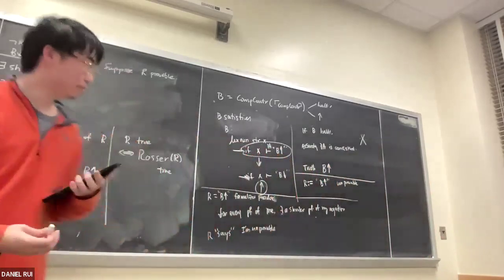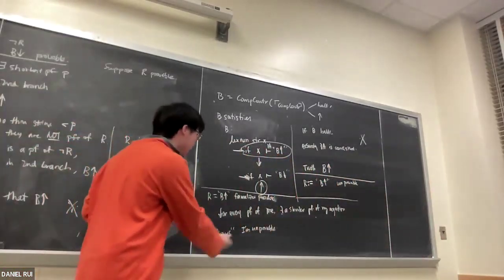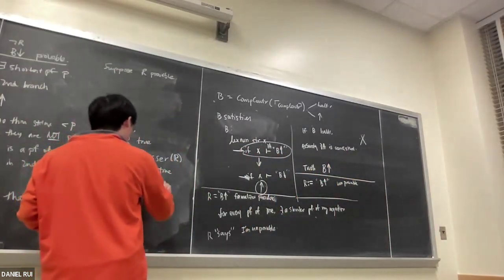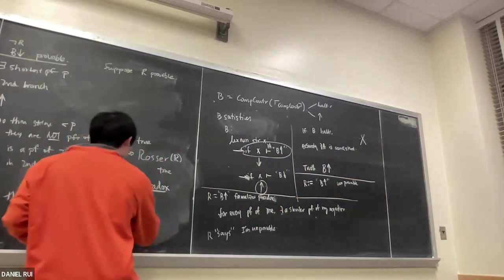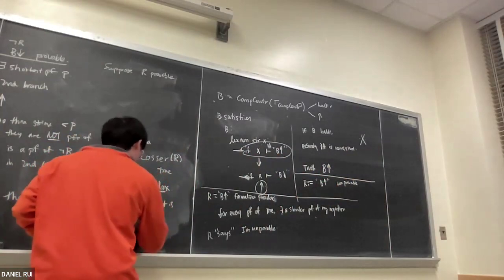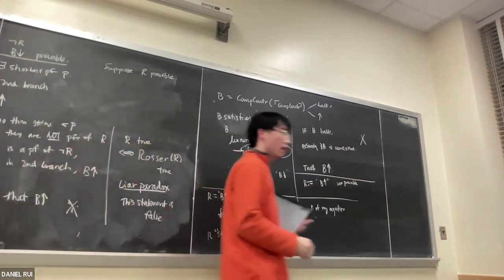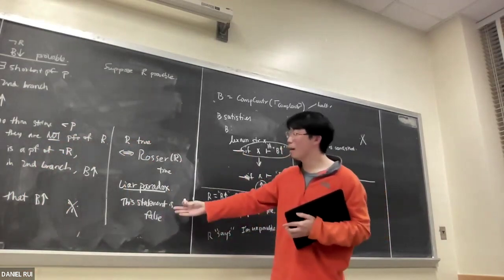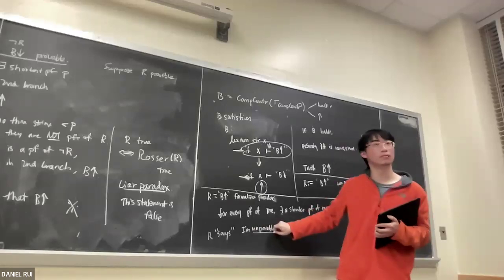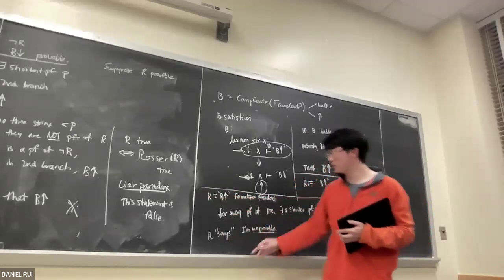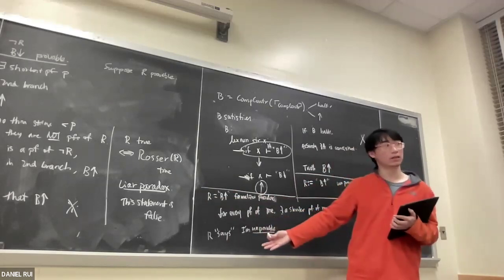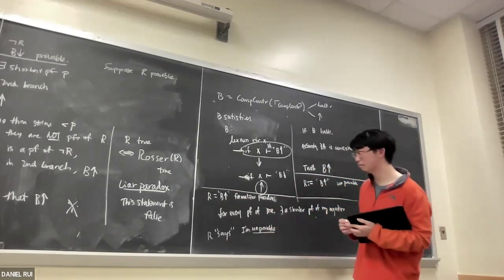So you can think of R as being very closely related to the liar paradox, which is the statement: this statement is false. And of course, this paradox is paradoxical, but how do we make it non-paradoxical? Well, just replace false with unprovable. The statement is unprovable is exactly what this R seems to be asserting.